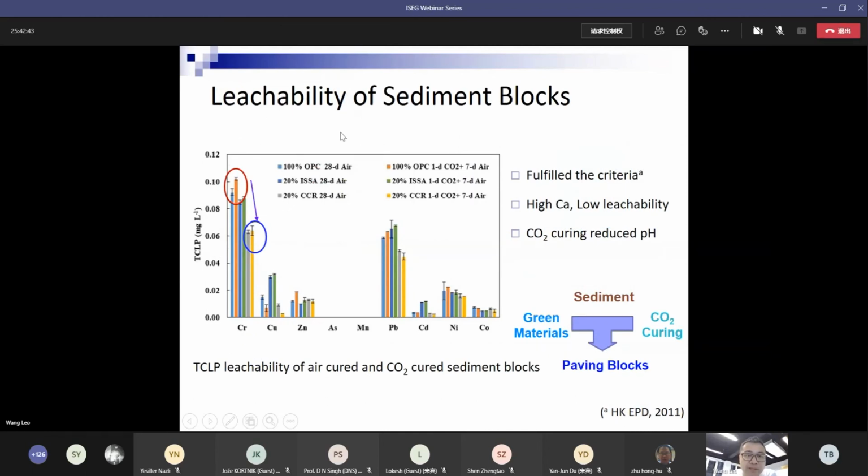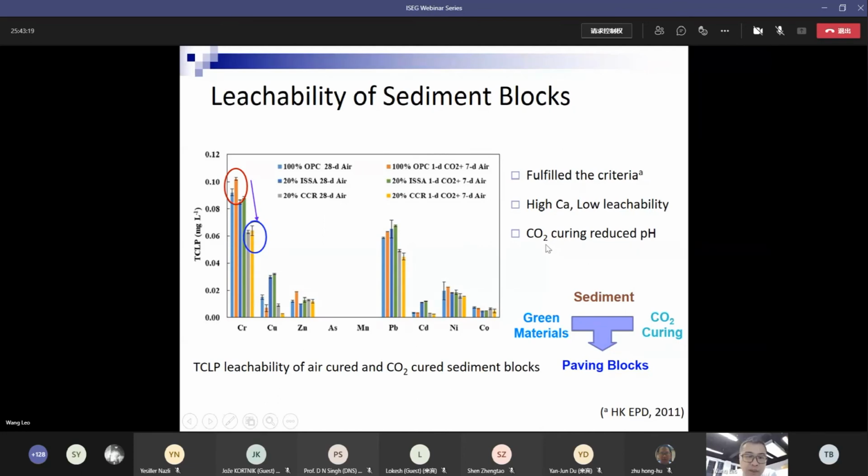And after the CO2 curing, we detect the TCLP leachability of the sediment blocks. We can find the calcium-rich materials can reduce the leachability of toxic elements because they can increase the pH of this system, reducing the leachability, because most toxic elements in alkaline condition have low solubility.